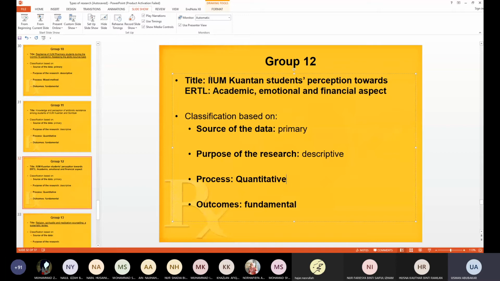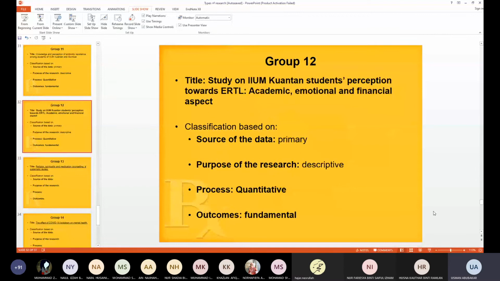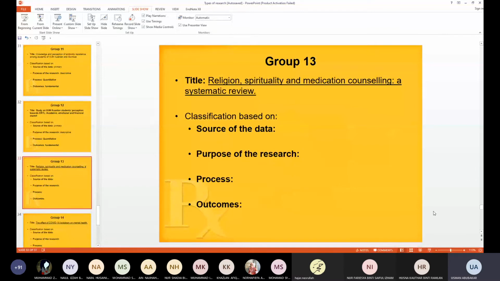Can you see it now? Not yet, Doctor. Can you see it now? Yes. Okay, is the title correct? Yes, Doctor. Okay, so how do you classify your research based on the source of your data?